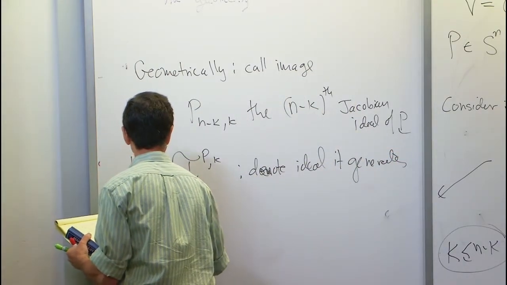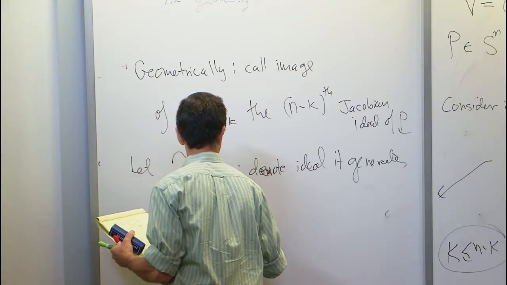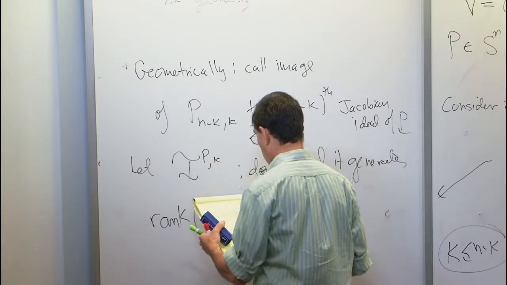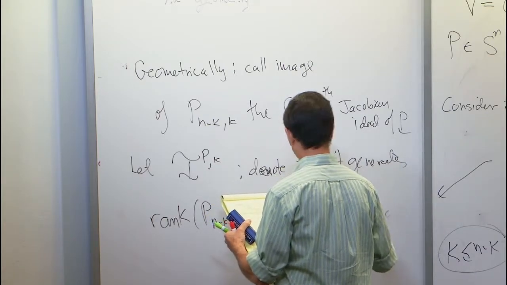Then the rank of this linear map is the Hilbert function of the ideal, not of the coordinate ring, of the ideal in degree k plus t.